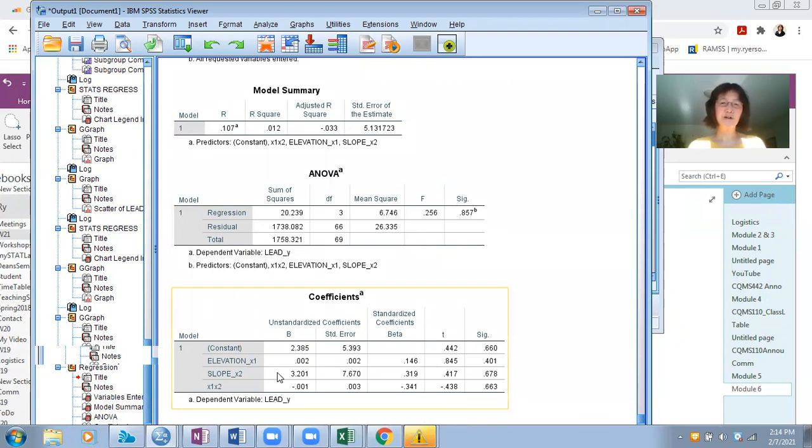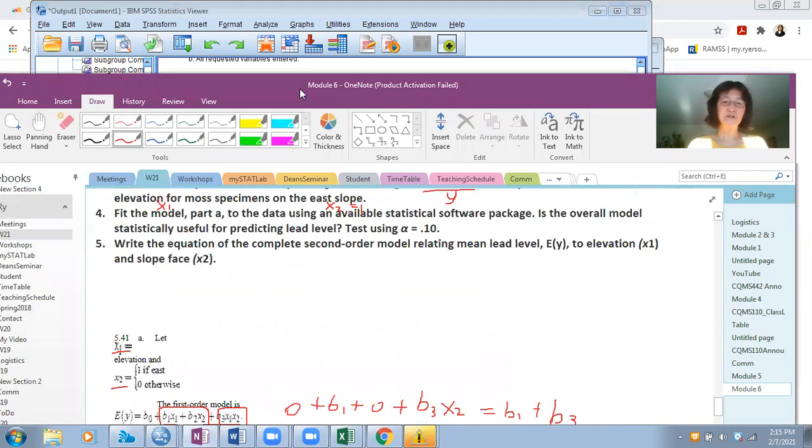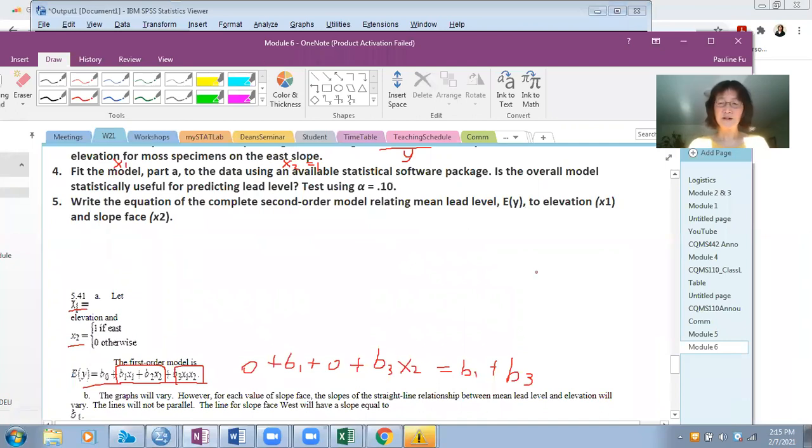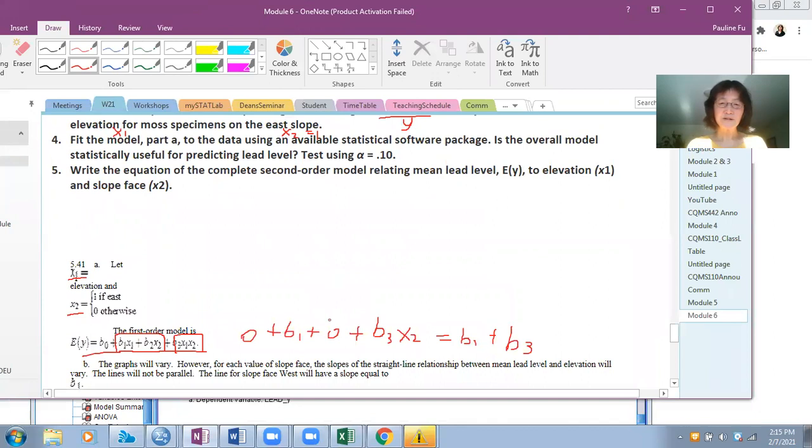Based on this table, you can write down the equation. This is beta 0, 2.385, beta 1, 0.002, beta 2, 3.2, beta 3, negative 0.001. I'll just copy this and paste it in OneNote so that I can make annotation.